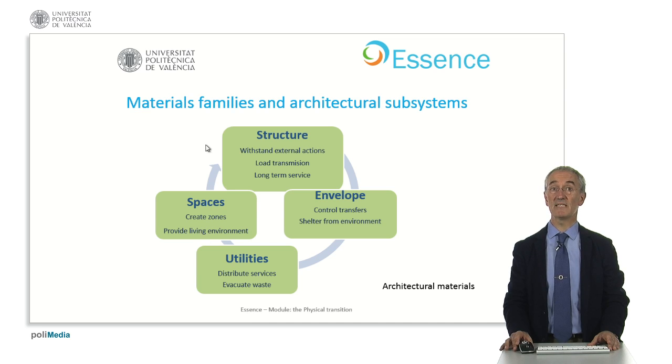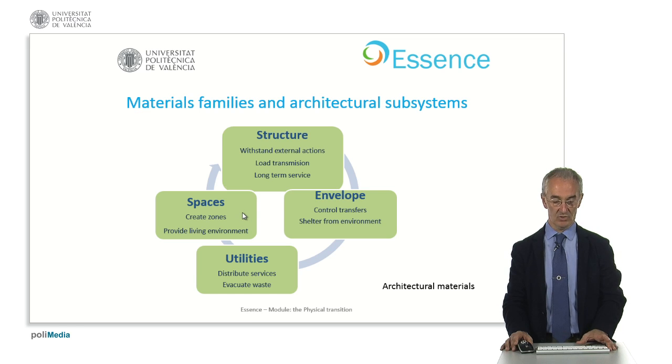So all the material families that we are going to introduce will be better at providing this load transmission, this sheltering, the functional distribution, and creating a space that meets the architectural constraints.